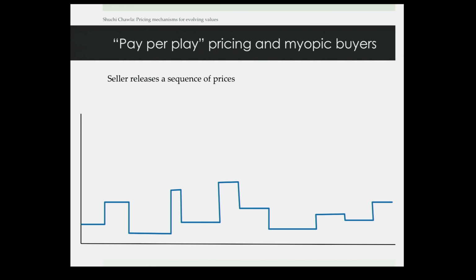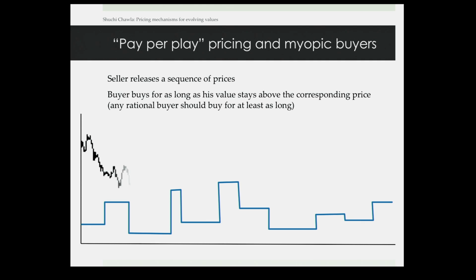And so the seller specifies precisely how much the buyer needs to pay for every subsequent use of the product ahead of time. And then we need to make some assumption about how the buyer reacts to this price. So we're going to assume that the buyer buys the product as long as his value stays above the price announced for that particular usage.